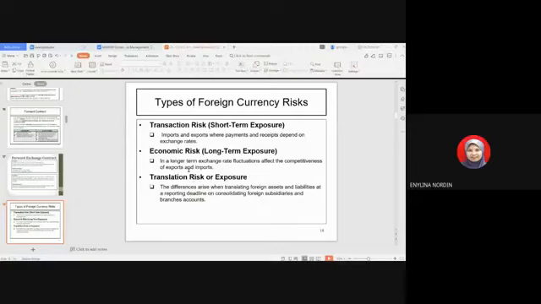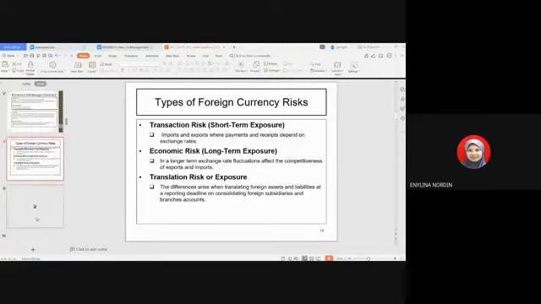Economic risk is the longer-term exchange rate fluctuations that will affect the competitiveness of export and import. Translation risk or exposure is the risk or the differences that arise when translating foreign assets and liabilities for accounting purposes, especially when doing the consolidation of the accounts of subsidiaries or branches in foreign countries.